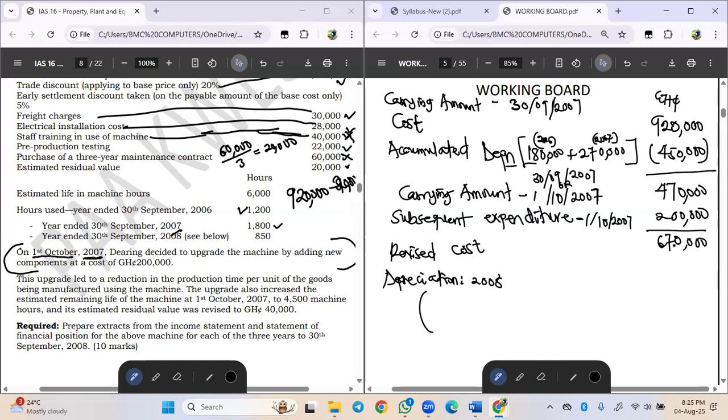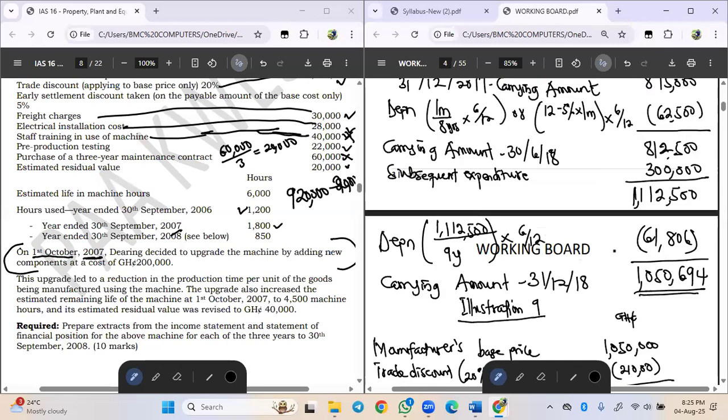For the cost, you will not use the initial one of 920. You are going to use the revised one, because in the previous work we solved, the cost we used was 1,120. After the subsequent expenditure, the revised cost that you have is what you are going to use to determine the depreciation.